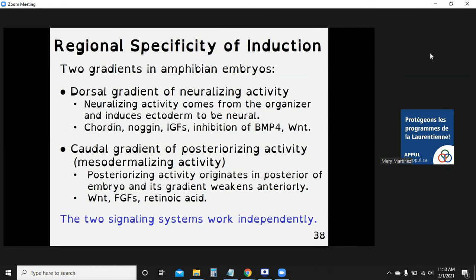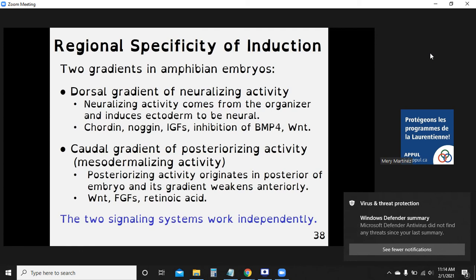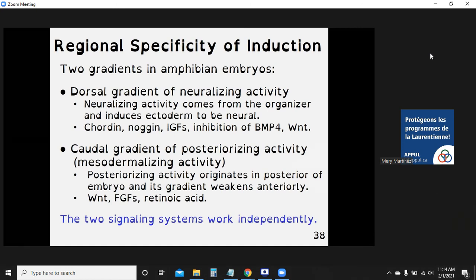So there are different types of research that show the existence of two gradients in amphibian embryos. One is the dorsal gradient of neutralizing activity, and there is a caudal gradient of posteriorizing activity. So, two: dorsalizing and caudalizing factors.